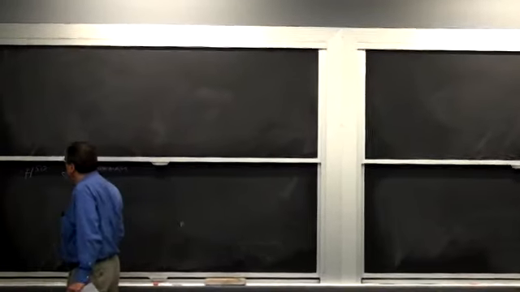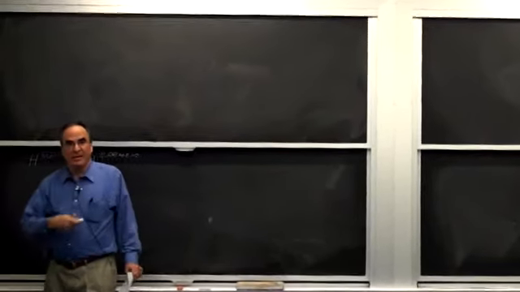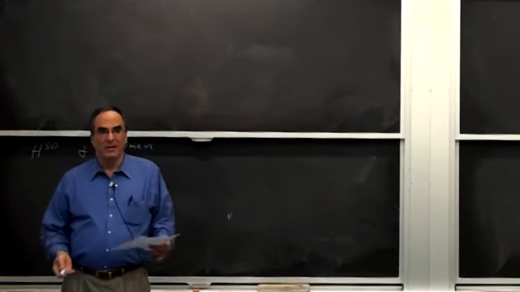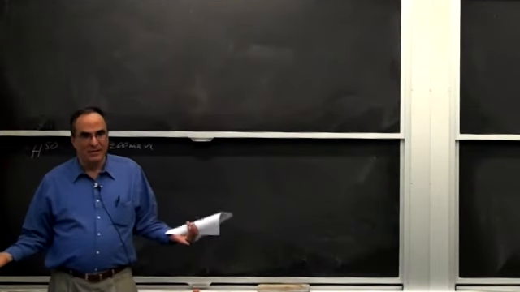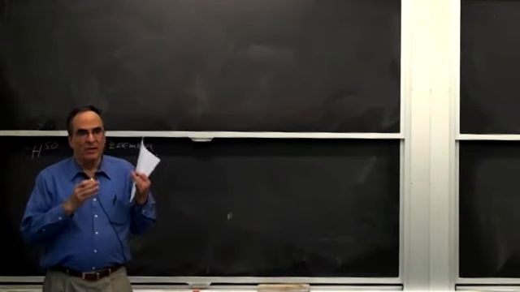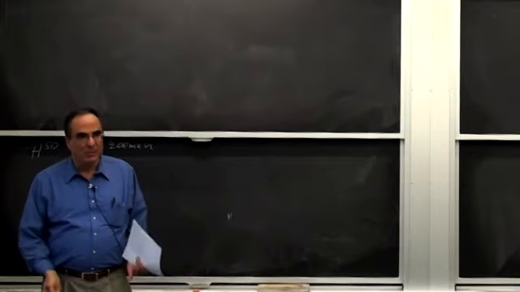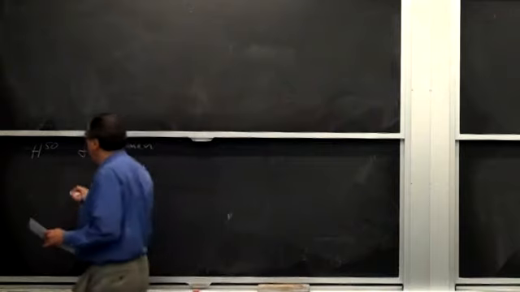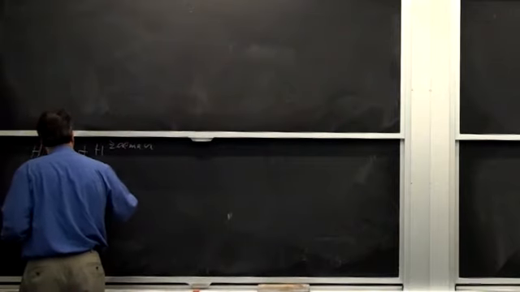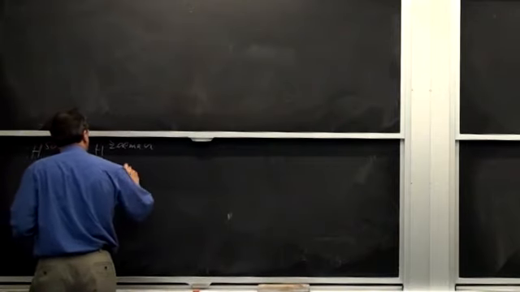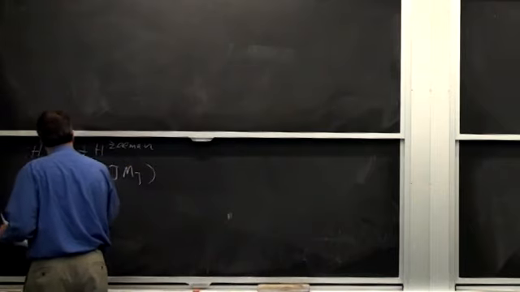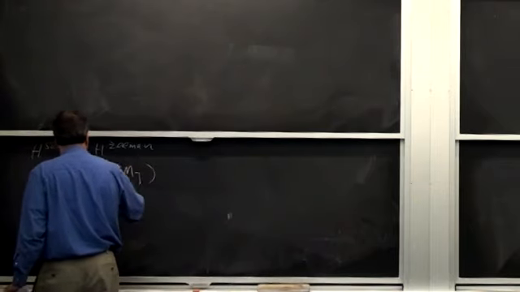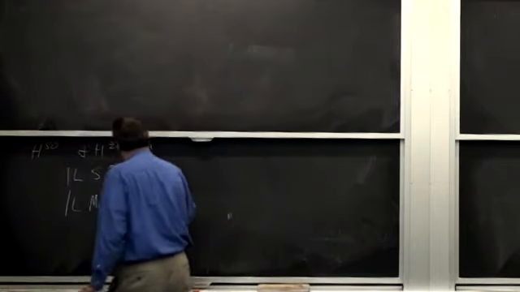And for atoms, we always encounter two different basis sets: the coupled basis set and the uncoupled basis set. The coupled basis set is L, S, J, Mj, and the uncoupled is L, Ml, S, Ms.